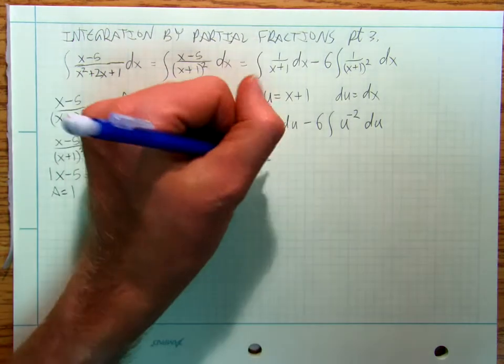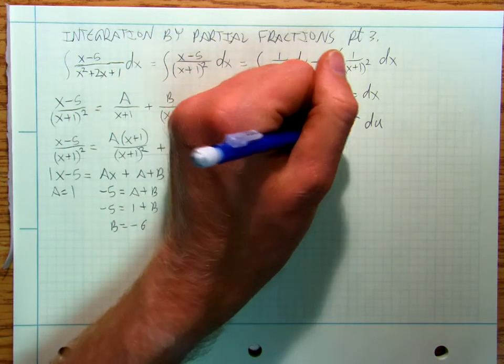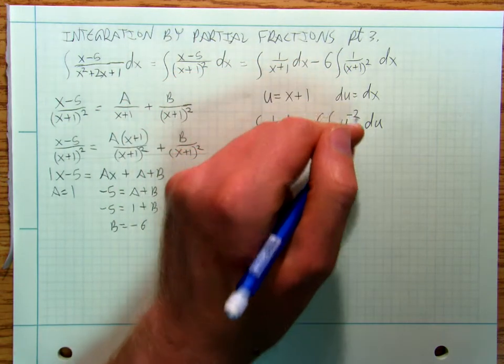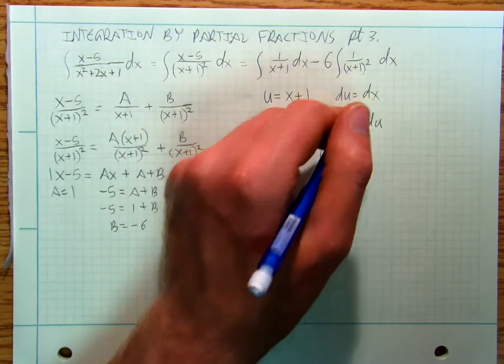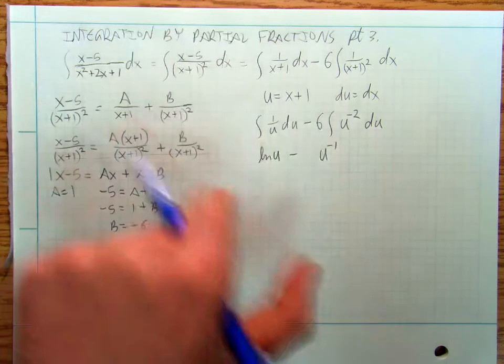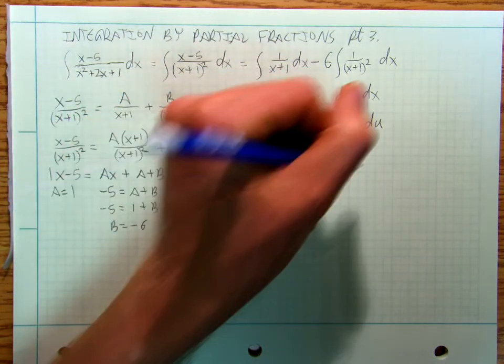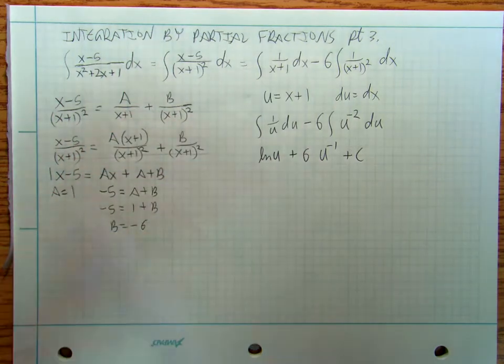Well, that one is ln u, and this one, I add 1, so negative 2 plus 1 is negative 1, multiplied by the reciprocal, so I multiply by a negative 1, so I get plus 6, plus c.